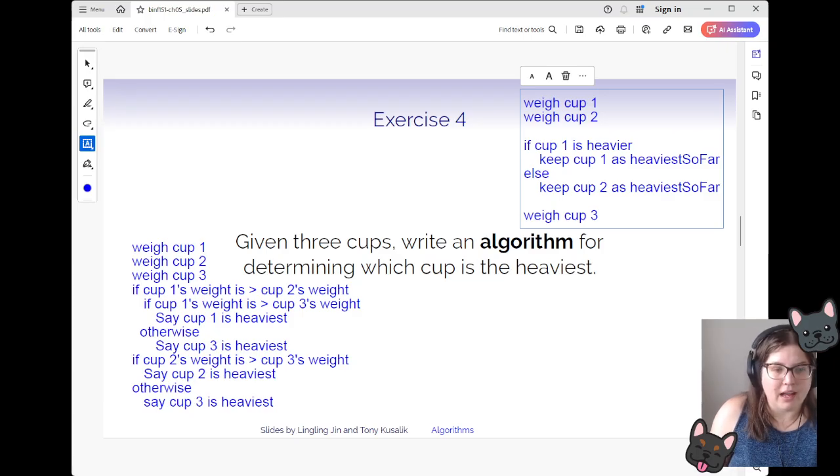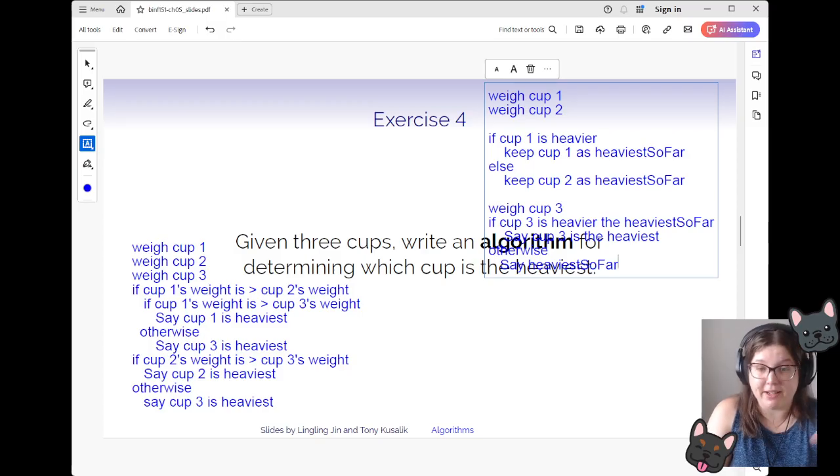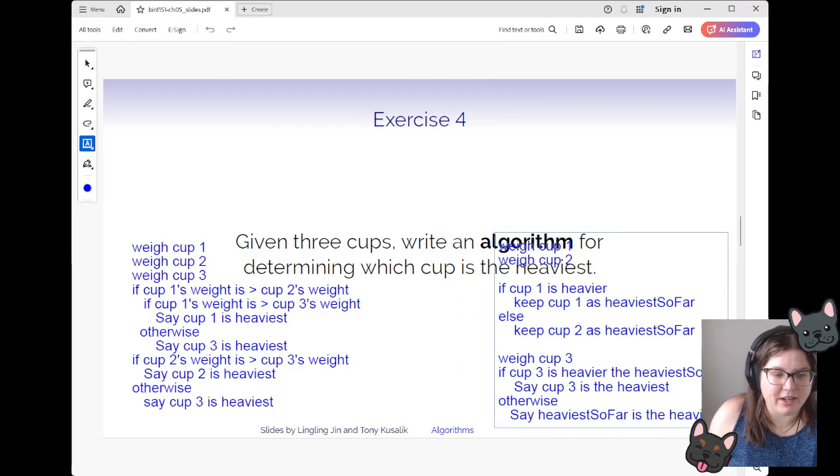And we'll say if cup 3 is heavier than heaviest so far, then say cup 3 is the heaviest, otherwise say heaviest so far, which could either be cup 1 or cup 2, depending on what we found above, is the heaviest. Now I see one issue that I made in this algorithm, other than it's hard to see.